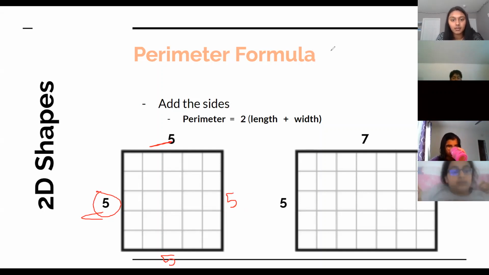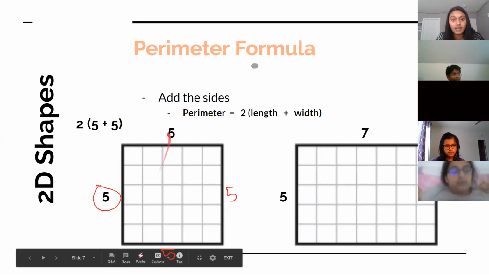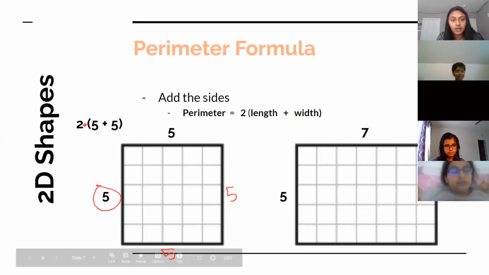So how are we going to find the perimeter with this formula? What we're going to do is 2 times the length, which is 5, plus the width, which is also 5. And so does anybody know what PEMDAS is?